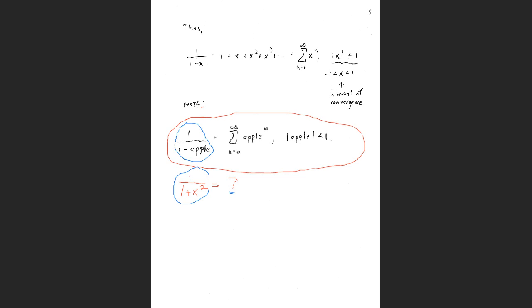But can I identify what my apple is? Okay, Kehinde says the apple is x squared. Okay, let's see if there are any other inputs.